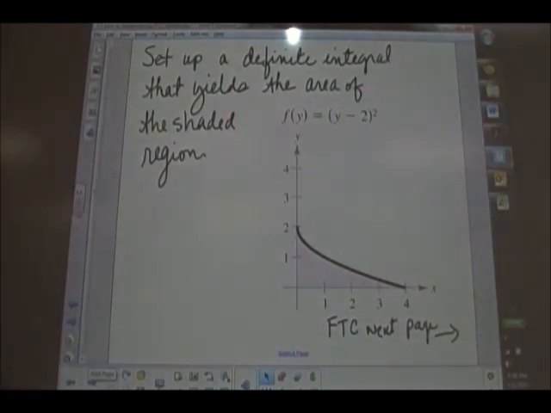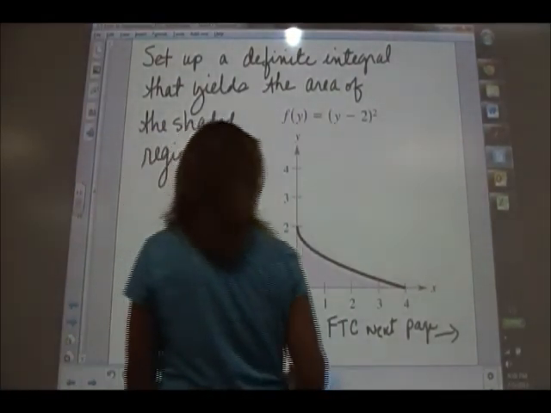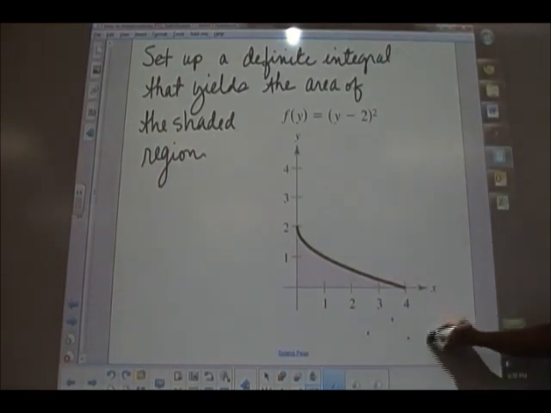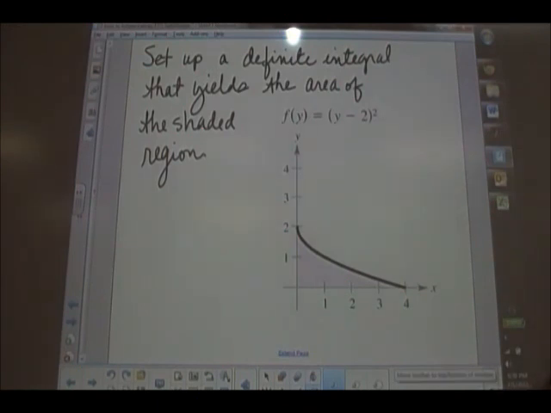Same idea. Set up a definite integral that yields the area of the shaded region. My function is f of y equal y minus 2.